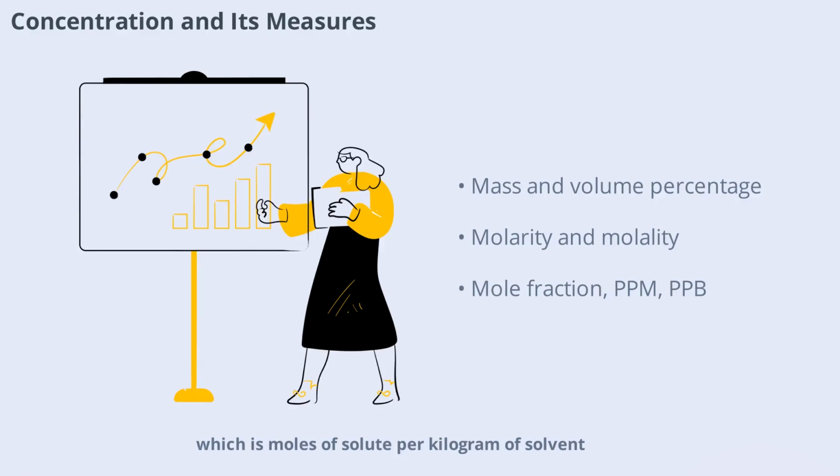Mole fraction expresses the ratio of moles of a component to the total moles in the mixture. For very dilute solutions, parts per million (ppm) and parts per billion (ppb) are used. These different measures help chemists accurately describe and compare solutions in various contexts, from laboratory experiments to industrial processes.